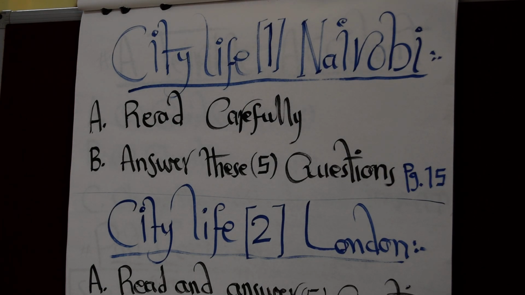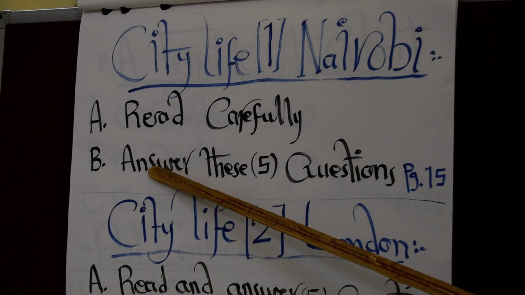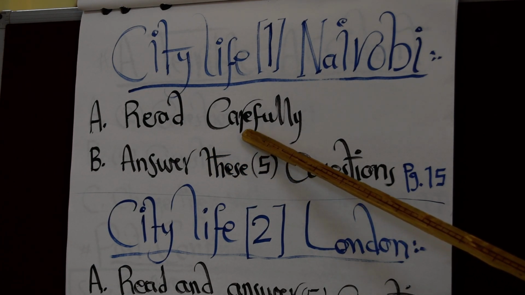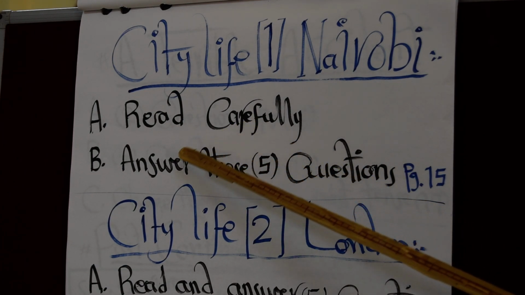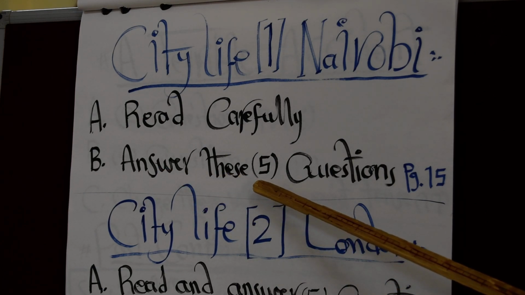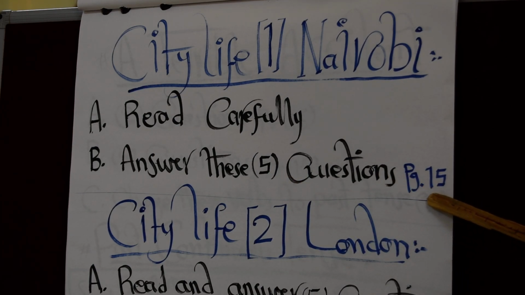There are 5 questions there, which I would call B. So A, read the passage carefully. That's all. When it comes to B, answer these questions. There are 5 questions on page 15. I don't think there are any difficult exercises in this lesson.